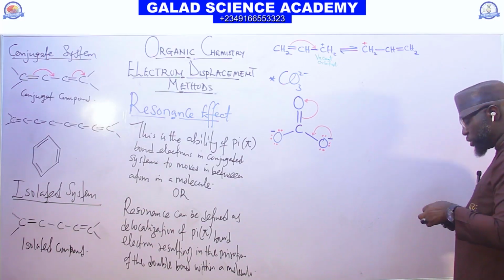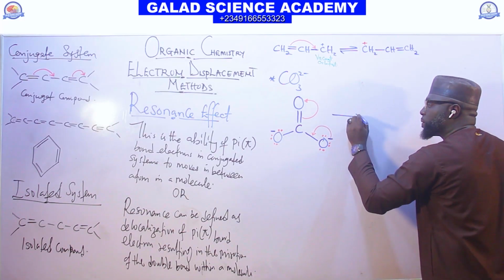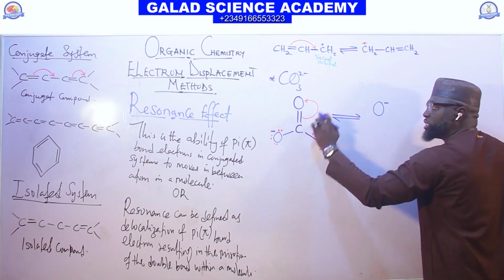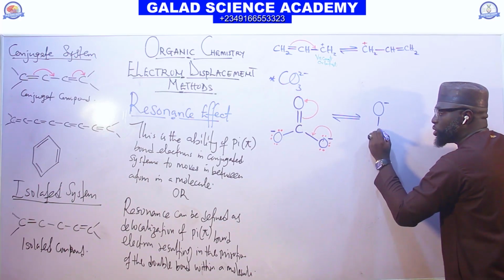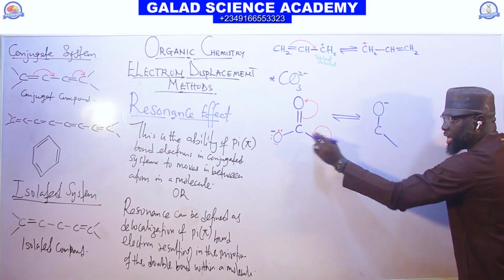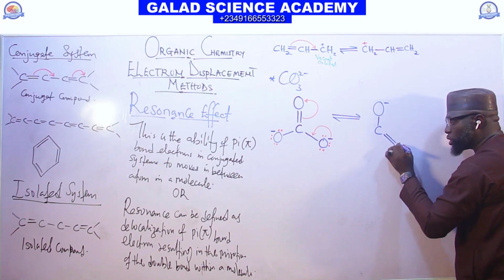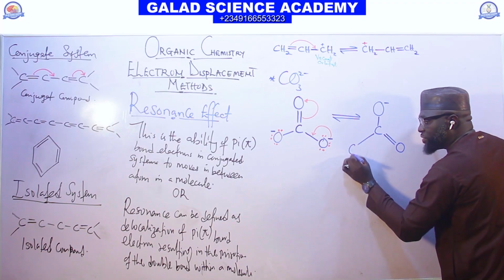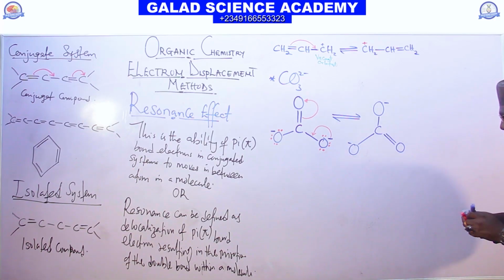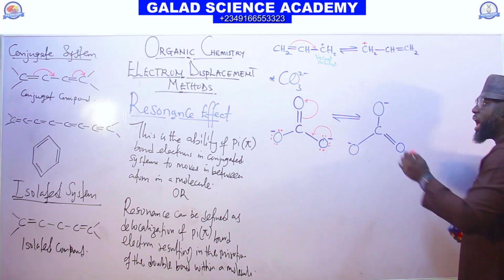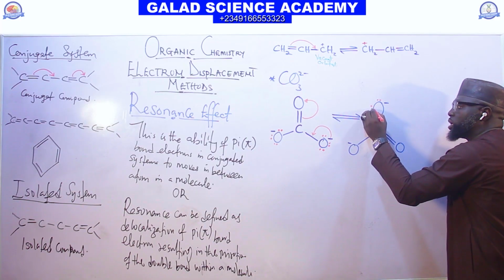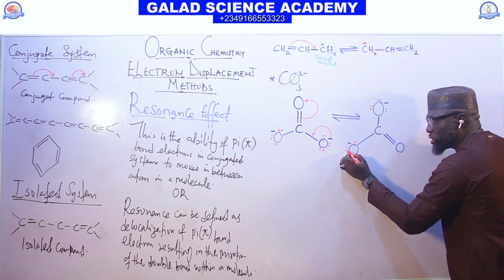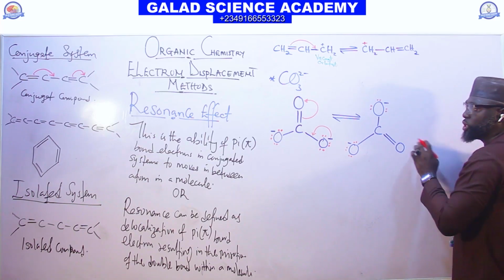So O will become O minus because of this part that comes here. The bond here will become a single bond, and the bond here will become a double bond with oxygen. So the minus here will be removed, and this here still has the minus. So this one will now have the lone pair of electrons, and this one will also have a lone pair of electrons.